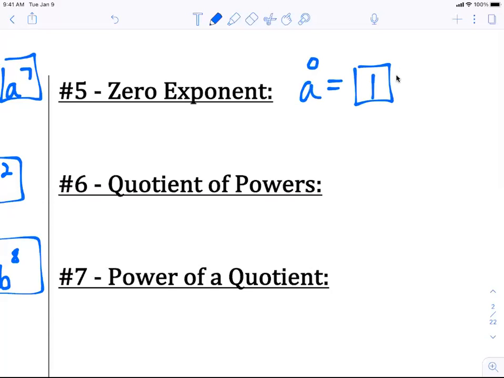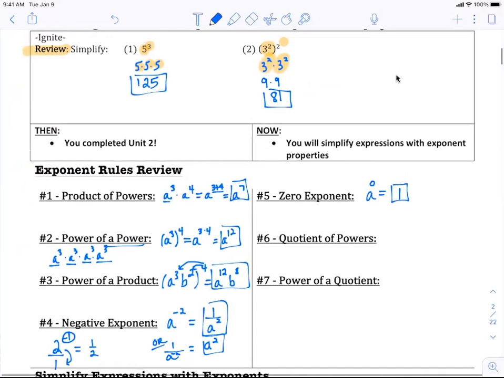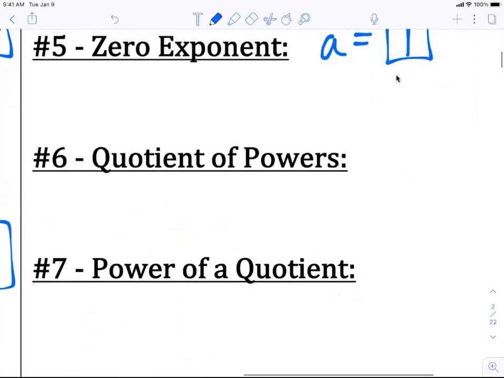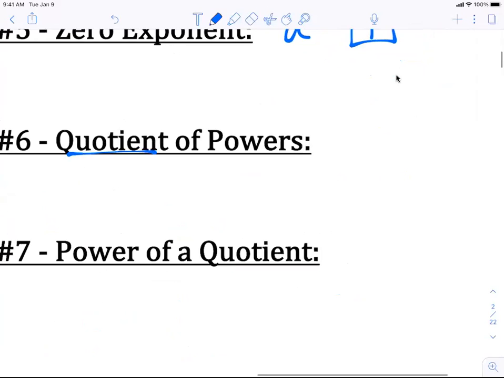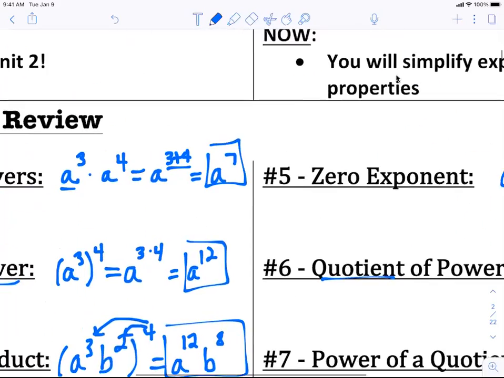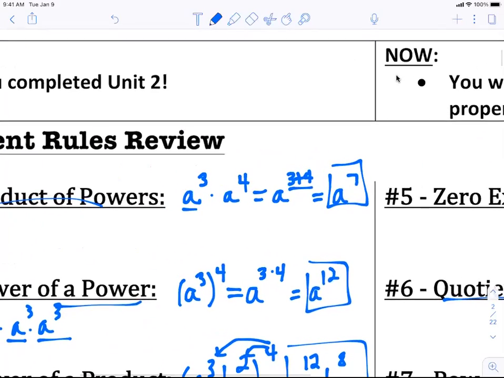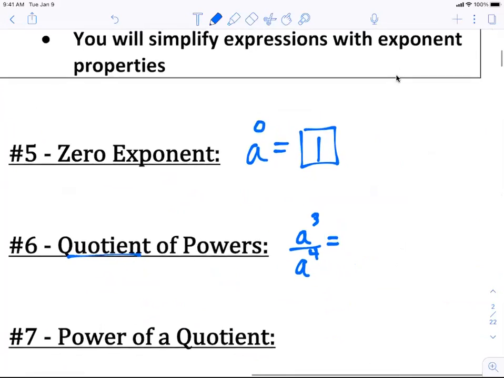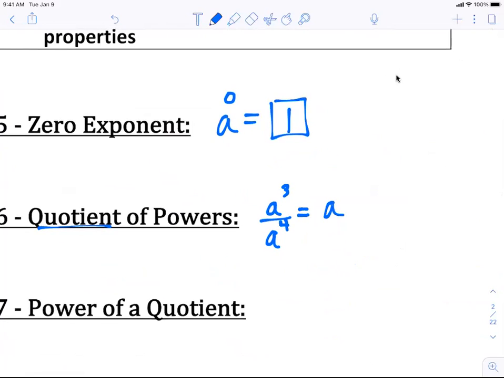Now, quotient of powers is kind of like the opposite of product of powers. The only difference here is that quotient means divide. So, for example, if I'm taking a to the third over a to the fourth. If you have two bases that are the same on both the numerator and denominator, instead of what we do in product of powers where we add the exponents, if we're having a quotient, what we do is we subtract.